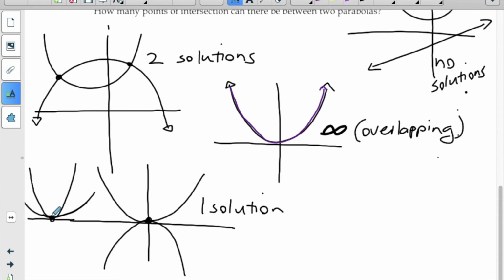And that's the point. If they're slightly offset, touching at one point. Let me think about that. So you mean not at the vertex?